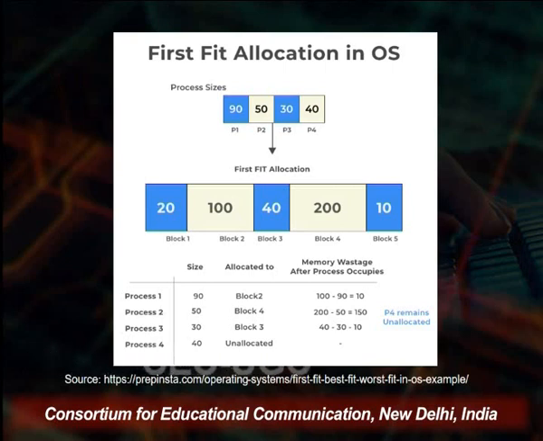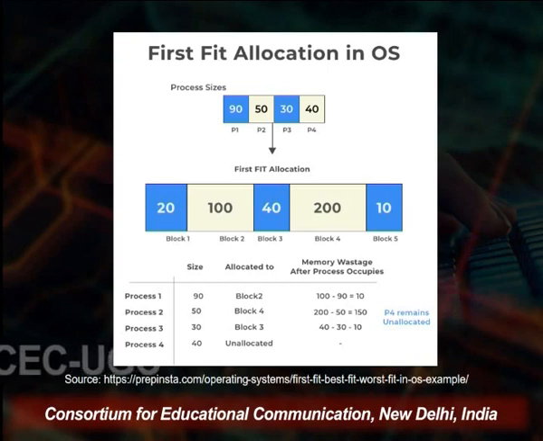Coming to process P2, which is of 50, we check 20, it cannot allocate. 100 we have already allocated. Then we don't have enough space in the third block, which is 40. So for process P2, which requires 50 units of MB, the first fit we are going to get is the block number 4, which is of 200 units.